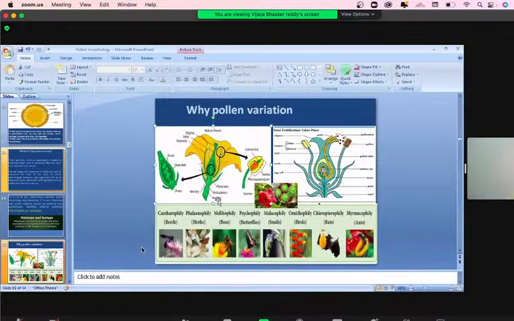Because the stigmas are open to the air and accessible to the vectors, the bees put all the pollen onto the stigmatic surface. But here, stigma plays a crucial role in the identification of its own pollen. It never allows other pollen to germinate.